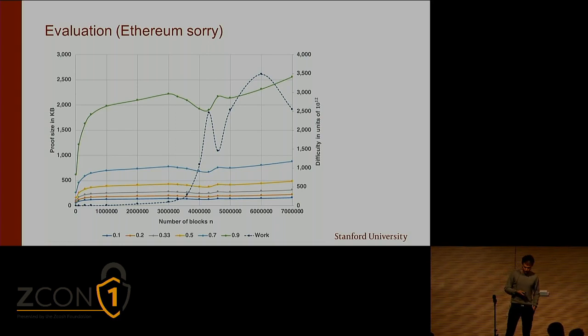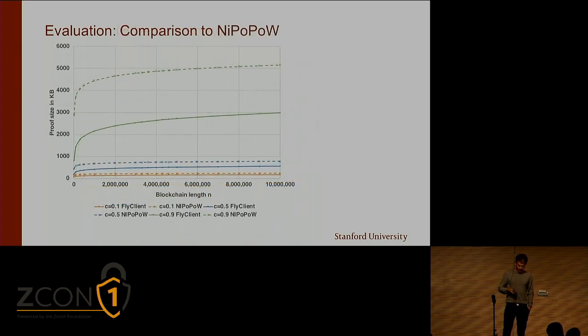And we can see that the proofs are between maybe a kilobyte, or up to a kilobyte, and maybe for the most aggressive setting, like 3 kilobytes versus 2.2 gigabytes, right? The proofs are also a little bit shorter than Nepopau's.